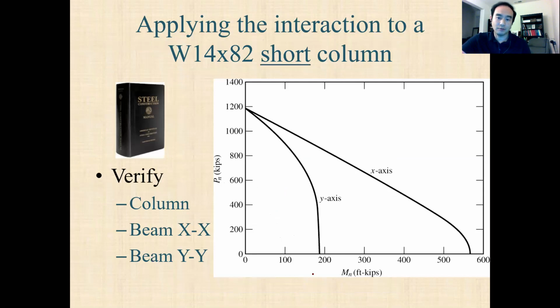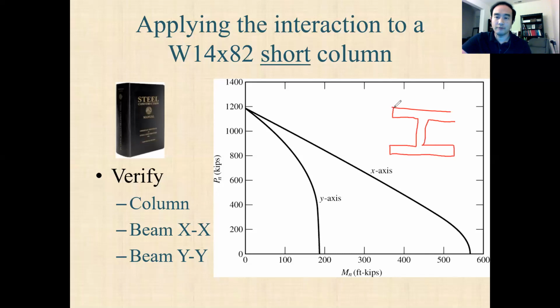Okay, so that's the general interaction diagram, but in a real case, this is the relationship between the axial capacity and the bending moment capacity, for both x and y axes here. Of course, we have this W14x82 as an example, and you can see that here we have a typical shape of the wide flange beam.